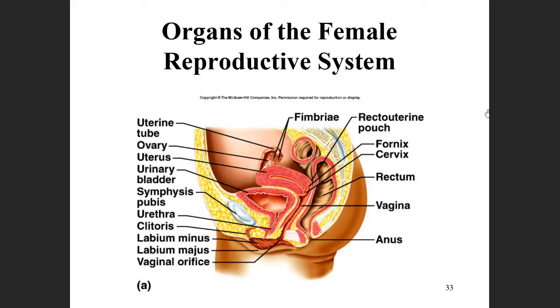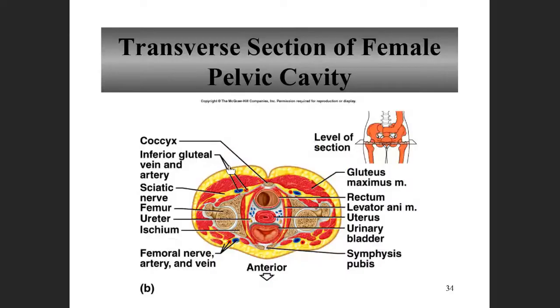Okay, if you look at the horizontal or transverse section, this is the anterior and this is the posterior, and you can see how the urinary bladder sits in front of the uterus.